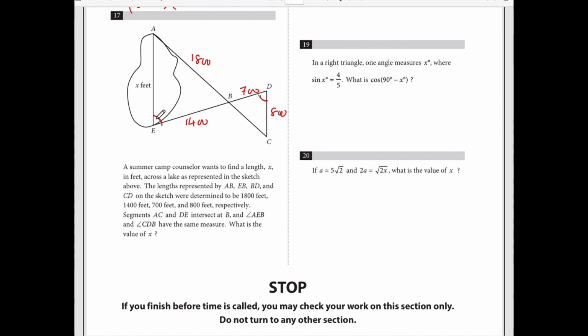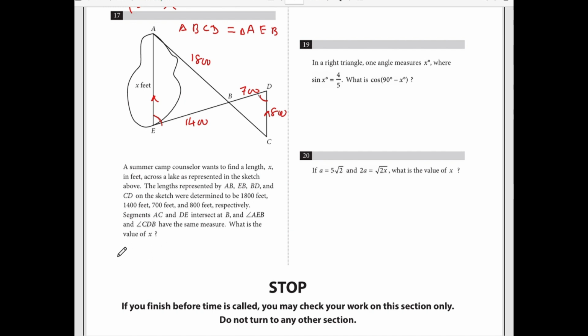So these are corresponding angles, and this is parallel to this, and triangle BCD and AEB are similar triangles, and with that the ratio of corresponding sides are equal.